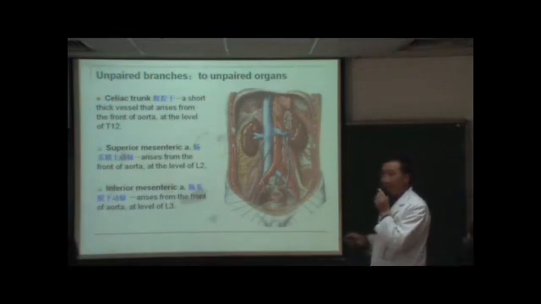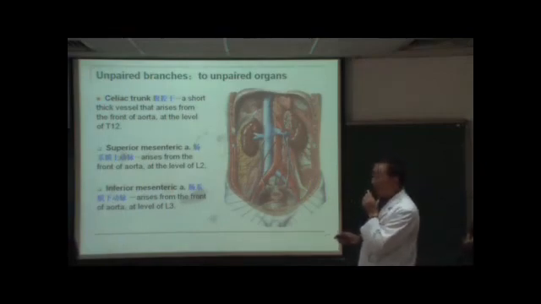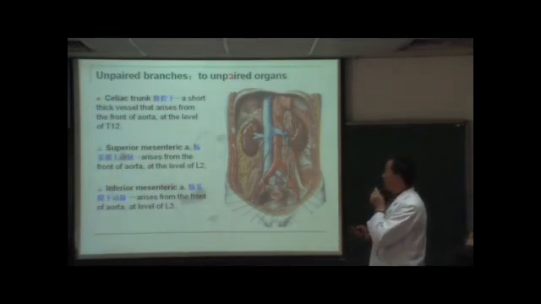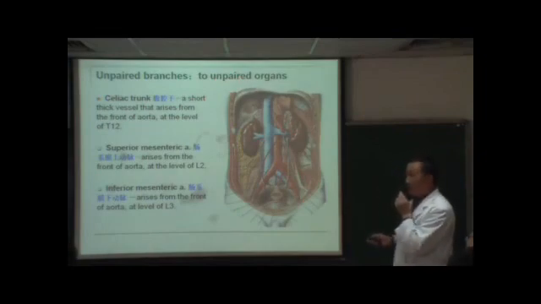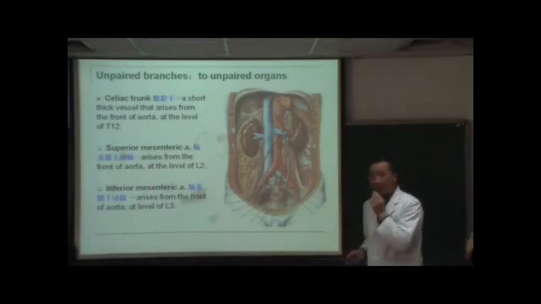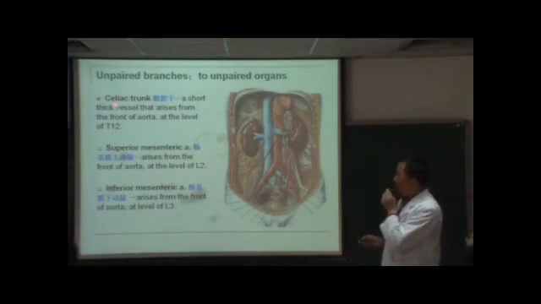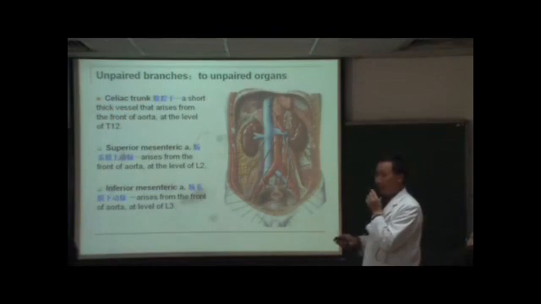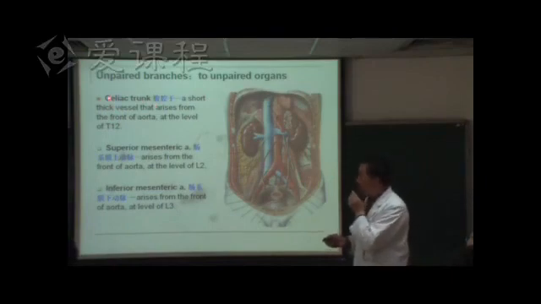The unpaired branches of the abdominal aorta supply the unpaired organs in the abdominal cavity. These arteries include the celiac trunk, or the celiac artery.